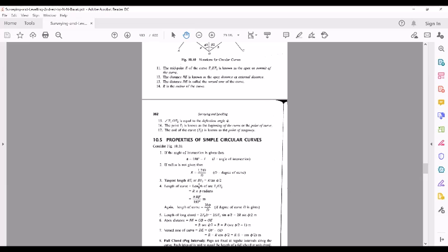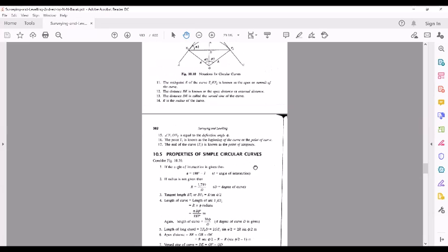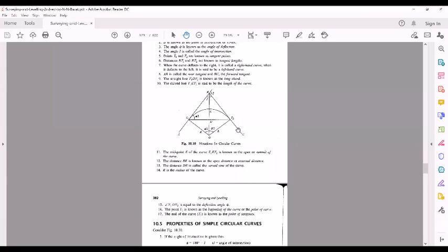The tangent length BT1 or BT2 is equal to R tan phi by 2. If you see this diagram over here, what are the tangent lengths? We discussed the tangent lengths are BT1 or BT2, and we need to find a relation by which we can find these out.